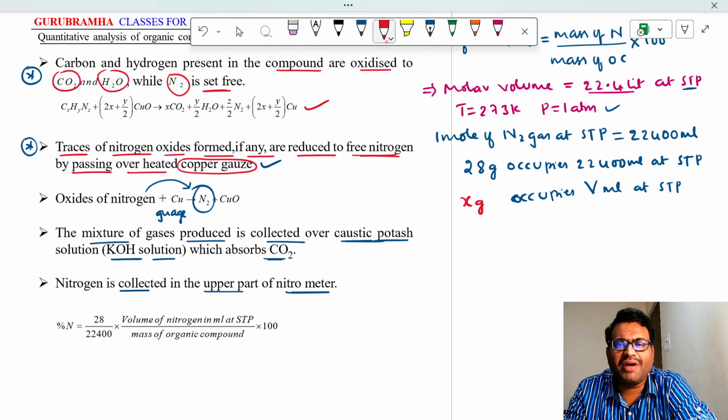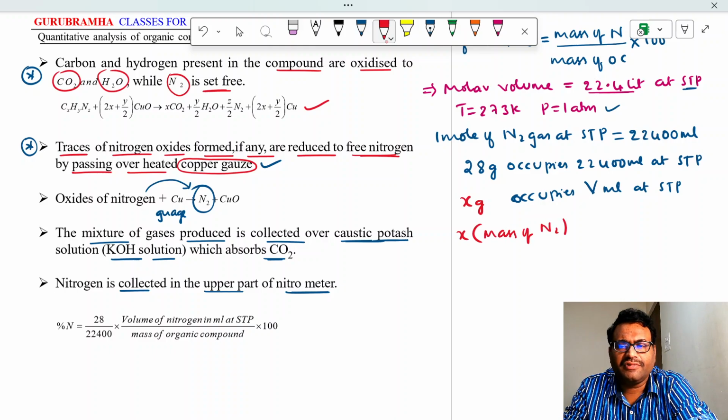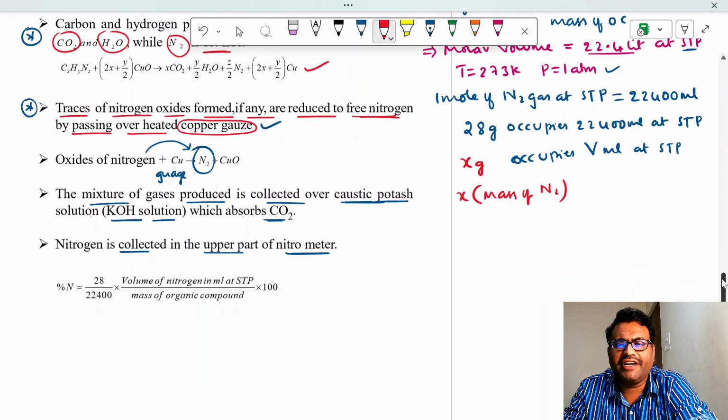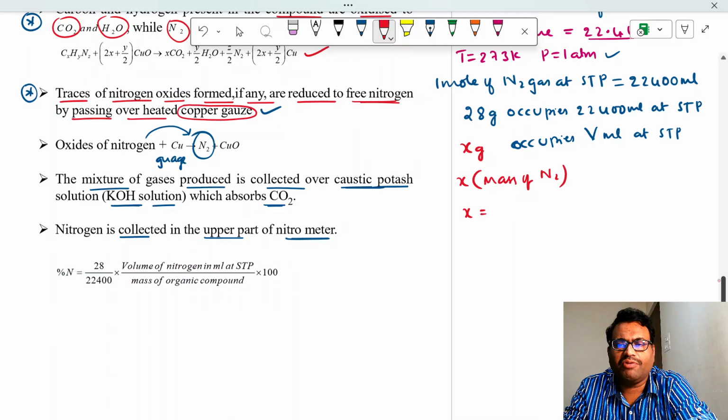X is the mass of nitrogen. Now calculate X, cross multiply it. X is equal to 28 into V ml by 22,400.